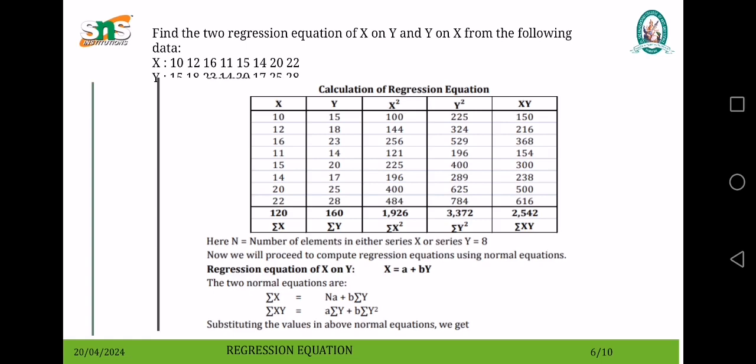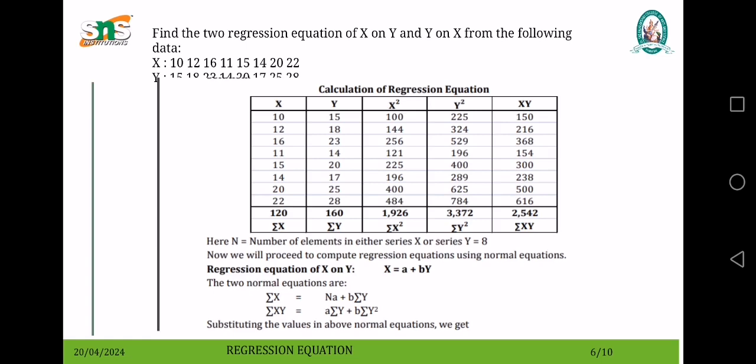So we add: summation of x is 120, summation of y is equal to 160, summation of x square is 1926, summation of y square is 3372, and summation of xy is 2542. Here n, the number of elements in either series x or series y, is equal to 8.